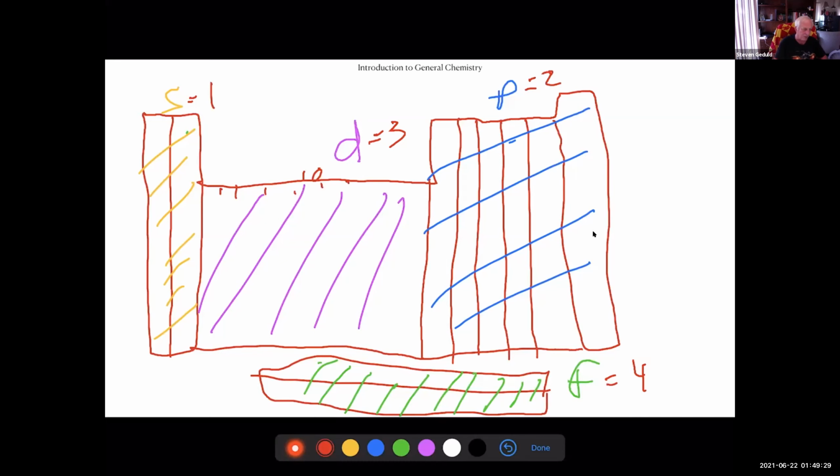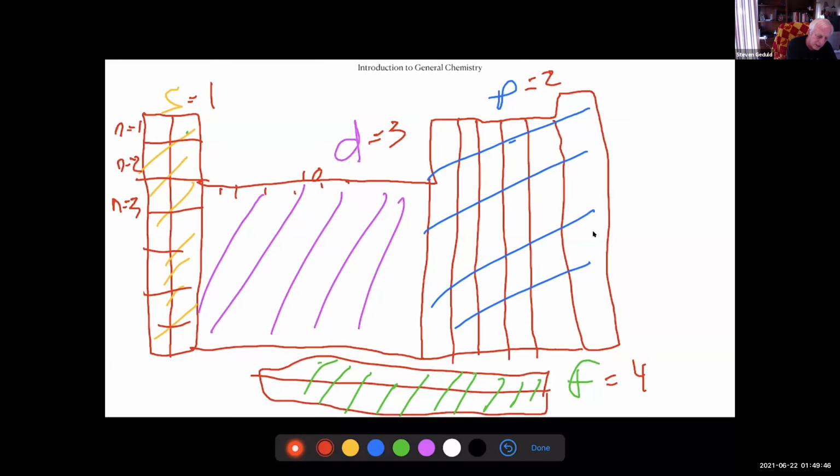Okay, the rows going across your periodic table are your energy levels. The first row, N equals 1. Second row, N equals 2. Third row, N equals 3, then N equals 4, N equals 5. That's your energy levels.